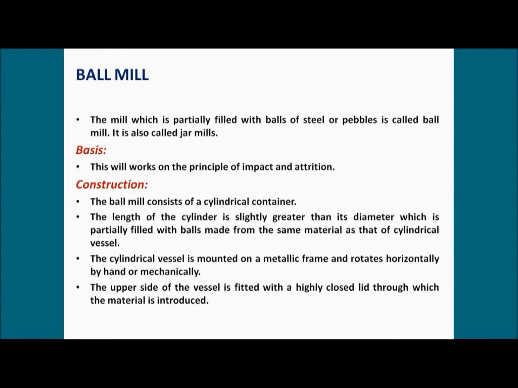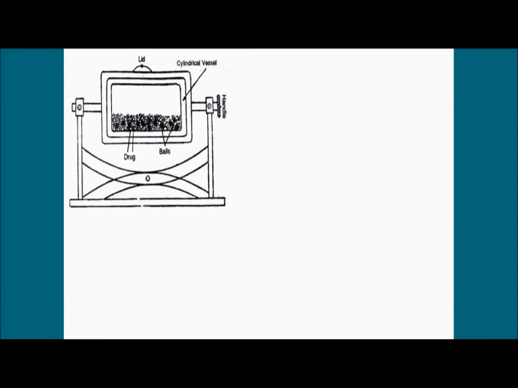The upper side of the vessel is fitted with a tightly closed lid. The lid means there is an opening through which the material is introduced. Whatever material you want to crush, you can introduce through this lid, right? So this is the diagram. This is the cylinder, and the length of the cylinder is quite a bit bigger than its diameter, right?